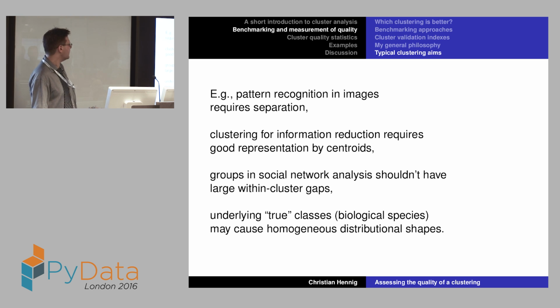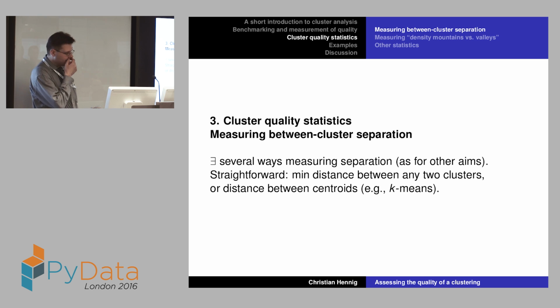And in some applications, you actually want to find some underlying true classes for which there is a scientific model that describes how these classes came about, like, for example, in biological species. Okay, so I'm now talking about several statistics that measure different aspects of quality in clustering.